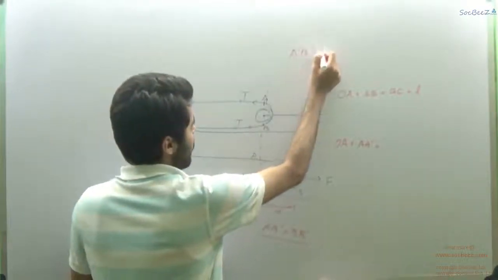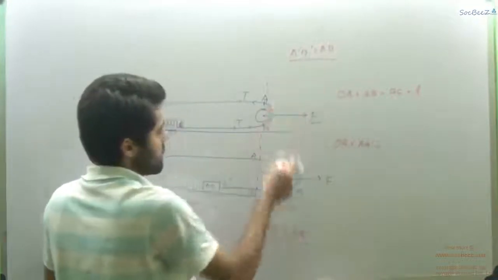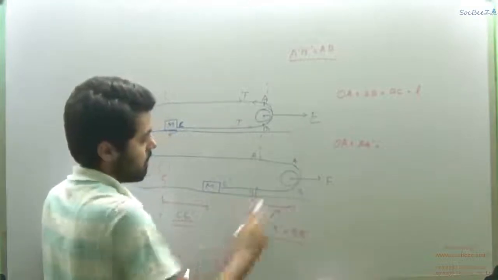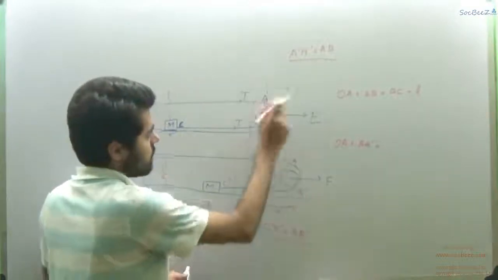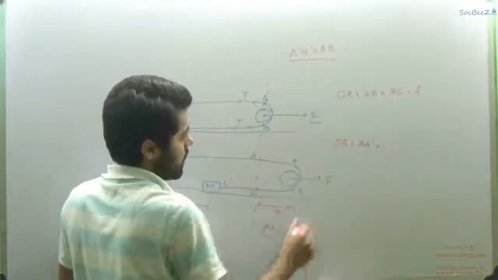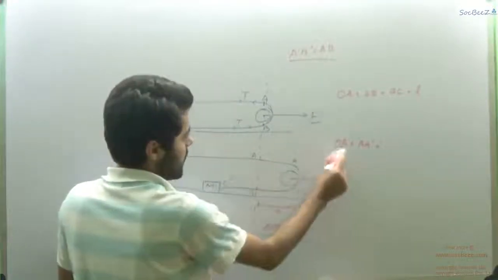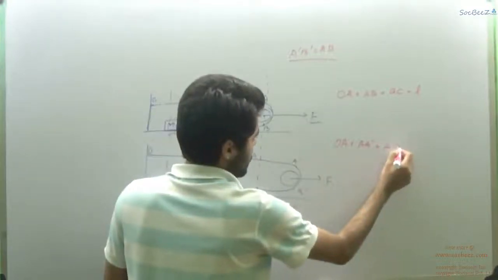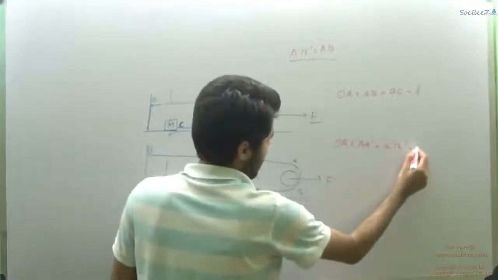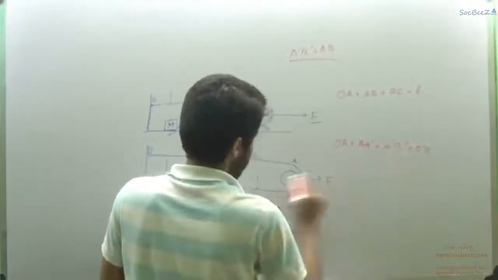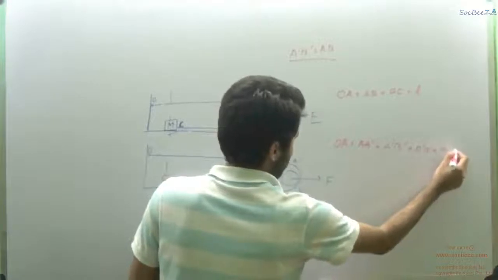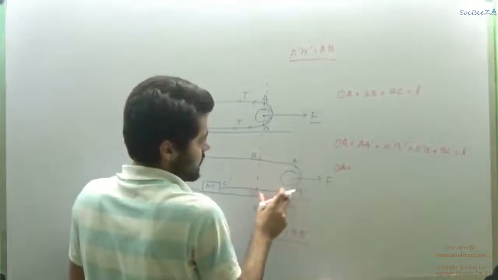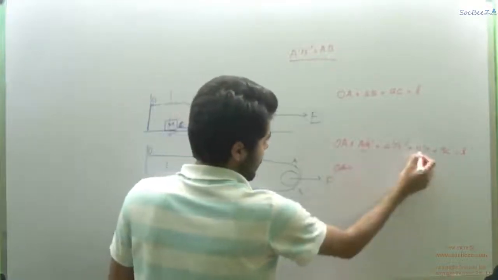A dash B dash will be equal to AB because the pulley size is the same, it's the same pulley we are using, so its arc length will be the same. The radius is the same, so arc length is the same, that's why A dash B dash is equal to AB. So OA plus AA dash plus A dash B dash, then B dash B, and then BC dash, this is also equal to L. So AA dash and BB dash are the same.